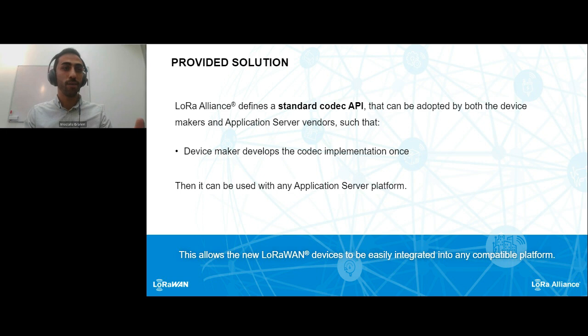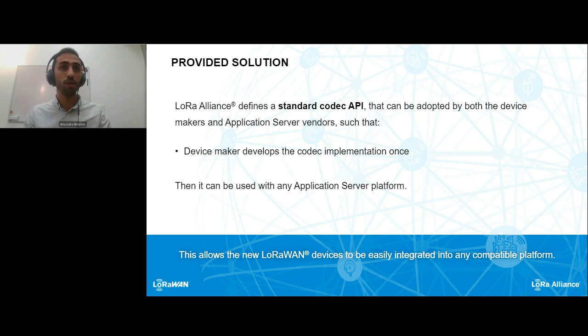Because when we have a new application server or a device maker, the device maker must develop the codec implementation only one time, and thus it will be compatible with all the servers that follow the LoRa Alliance standard codec API. This allows easily integrating any LoRa Alliance device into the compatible platforms that use this standard.